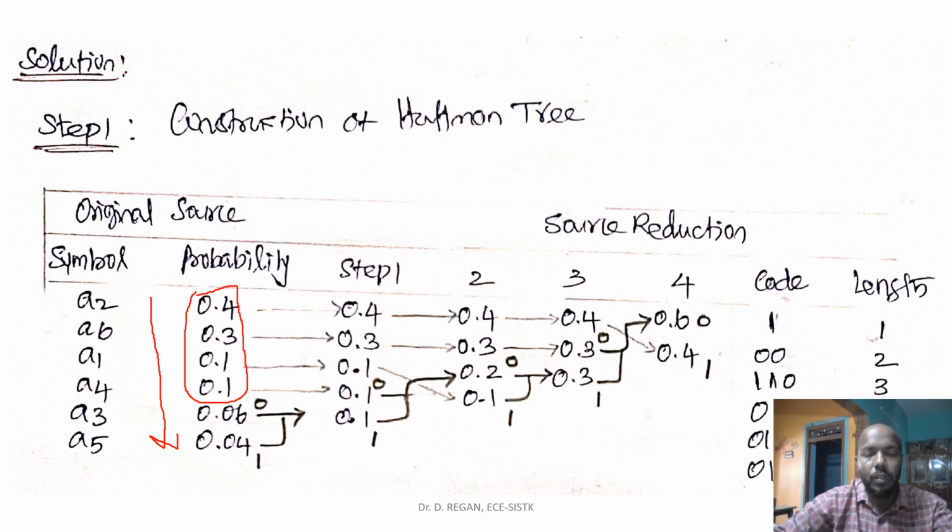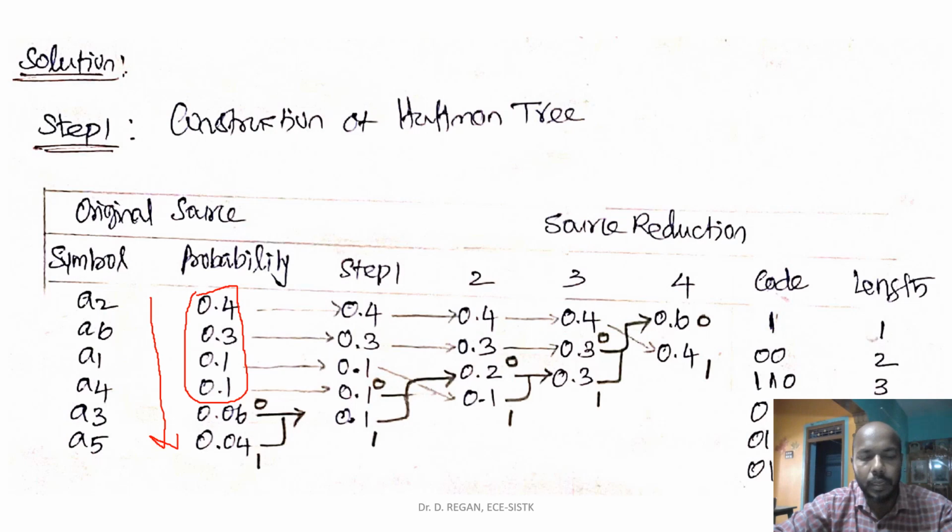Now we got 0.1, which is not greater than the existing symbol probability values, so there is no need to rearrange in descending order again.